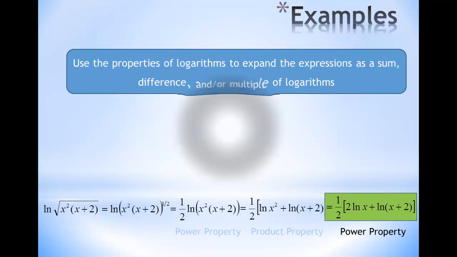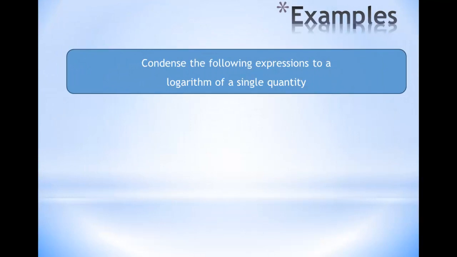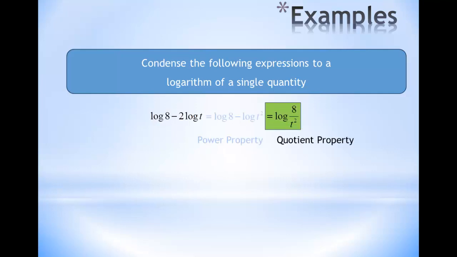Okay. We can go the other way. We can condense things. If I want to condense that, the first thing I would do is bring that 2 inside and make it a power. And now I have a quotient, and I can rewrite that as log 8 over t squared.